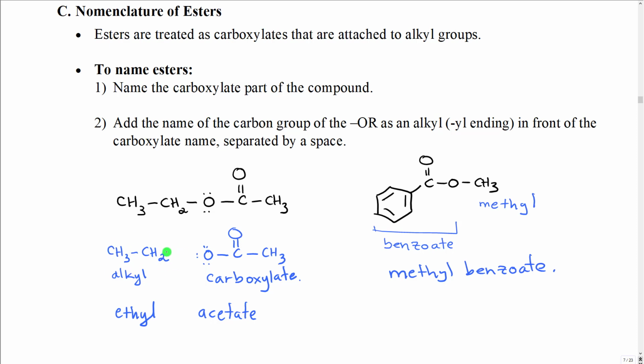So in order to name it, they name the acid part as the carboxylate: you name the carboxylic acid, you drop the ic acid, and you put the ATE ending.